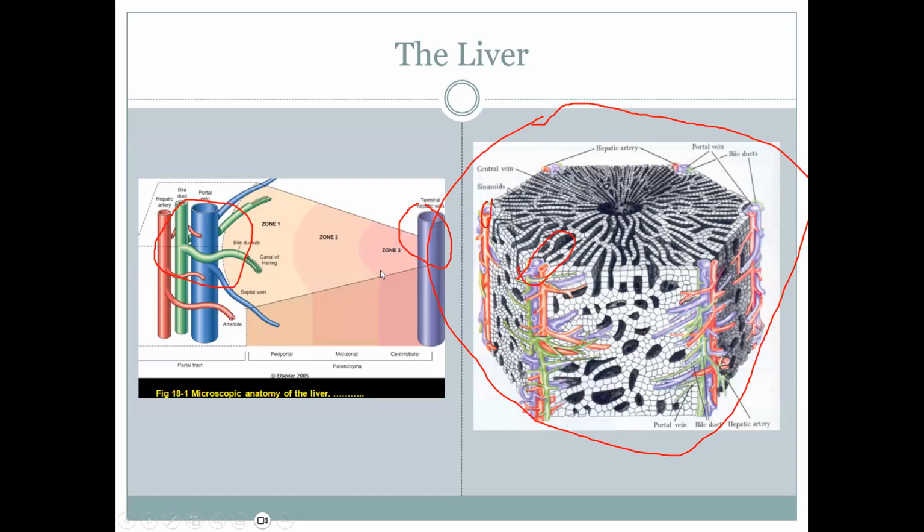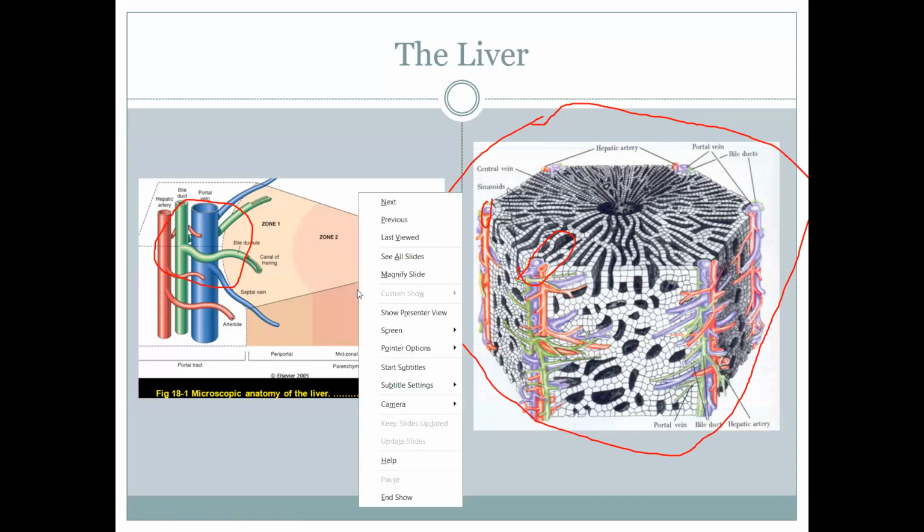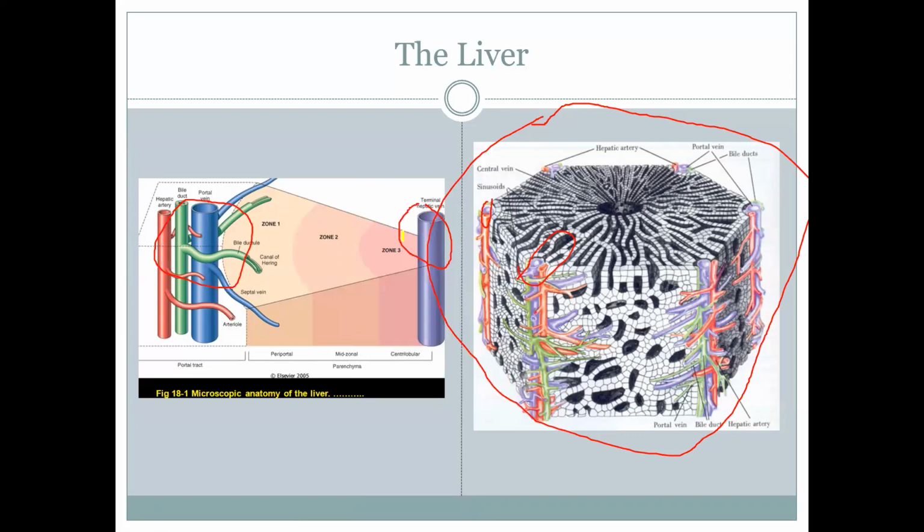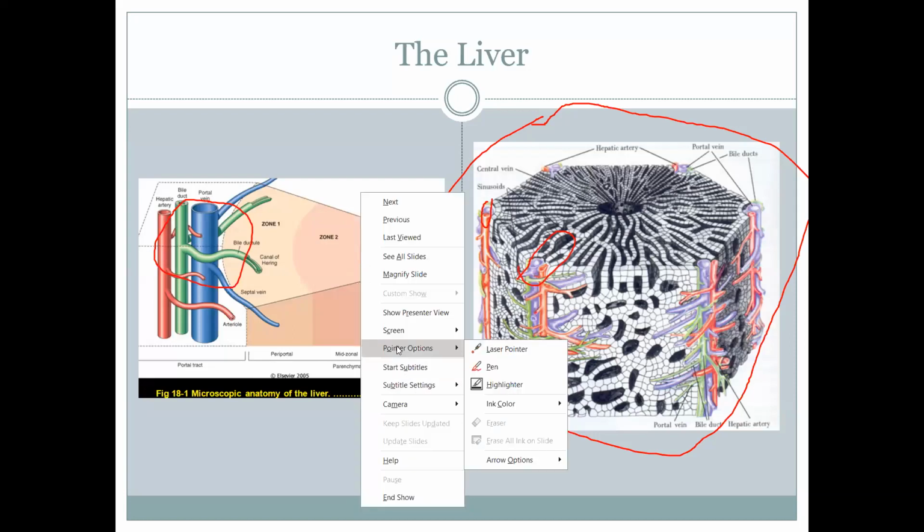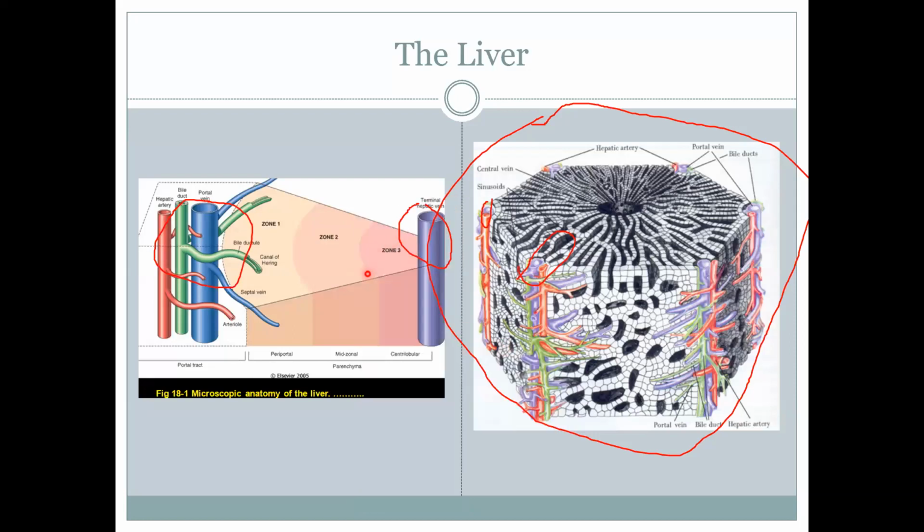Now, the region around the central vein is known as zone 3. As you can see, it is the most distal region from the portal triad. It is the area that is more prone to ischemia. It is also very rich with detoxifying enzymes.